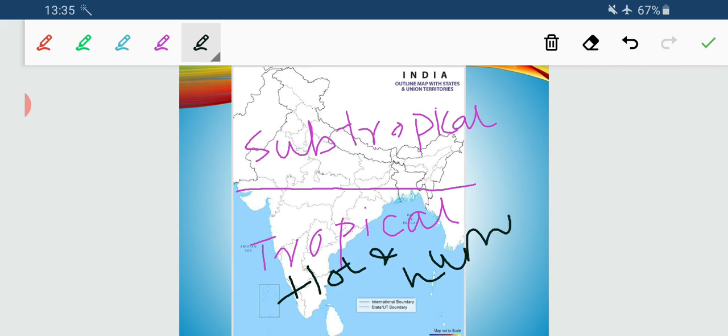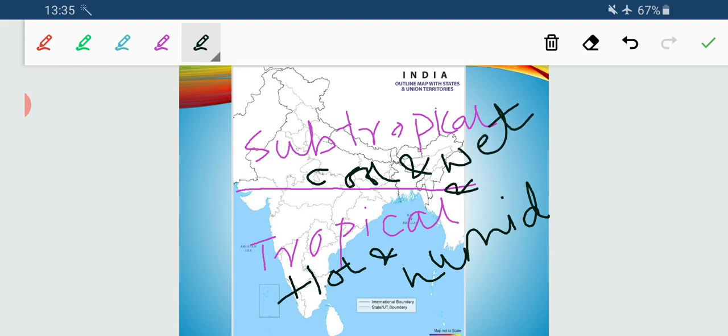The tropical is hot and humid, and subtropical is cool and, comparatively, I am using the word comparatively, wet and dry climate. Comparatively wet and dry climate, that is subtropical.